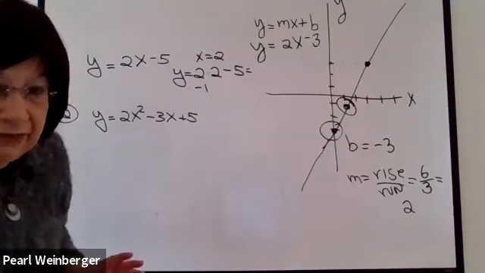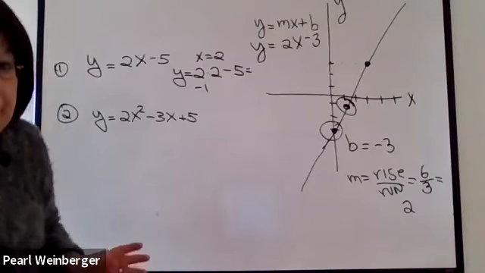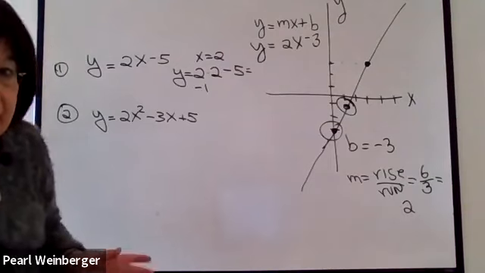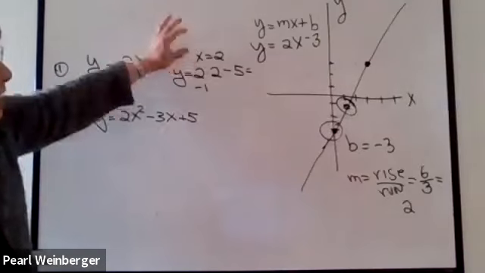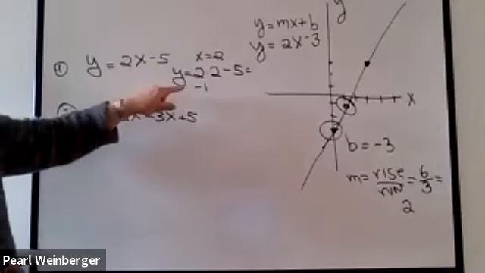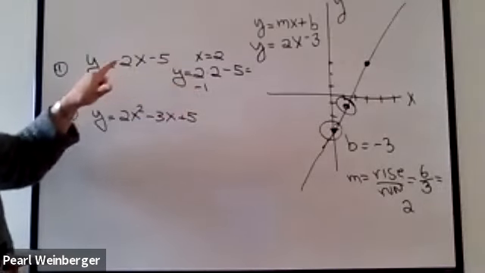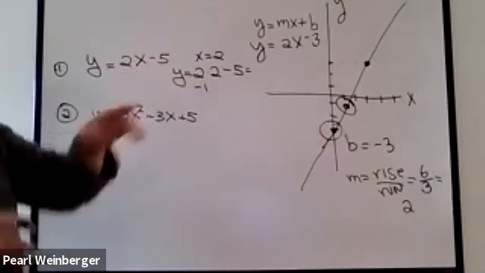We call x the independent variable; I can pick any number I want for x. Once we pick a value for x, we can figure out what the value for y is.